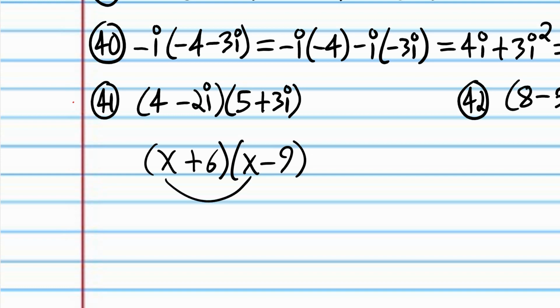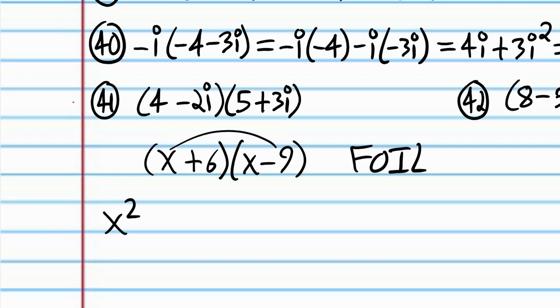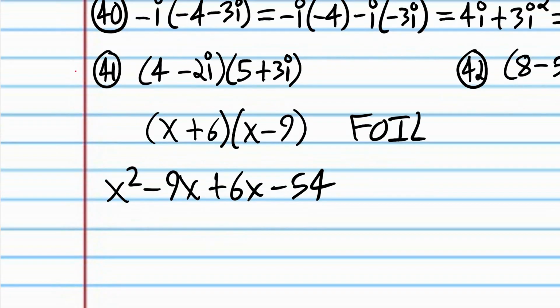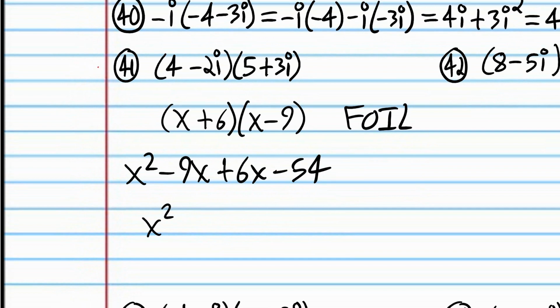So we had x times x is x squared. Then x times negative 9 is negative 9x. 6 times x is 6x. And 6 times negative 9 is negative 54. These terms usually end up being like terms, so we can add those together. Negative 9x plus 6x is negative 3x.